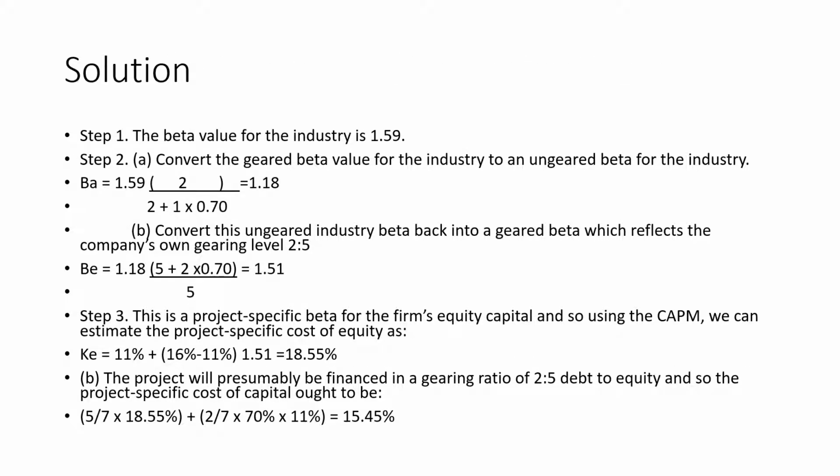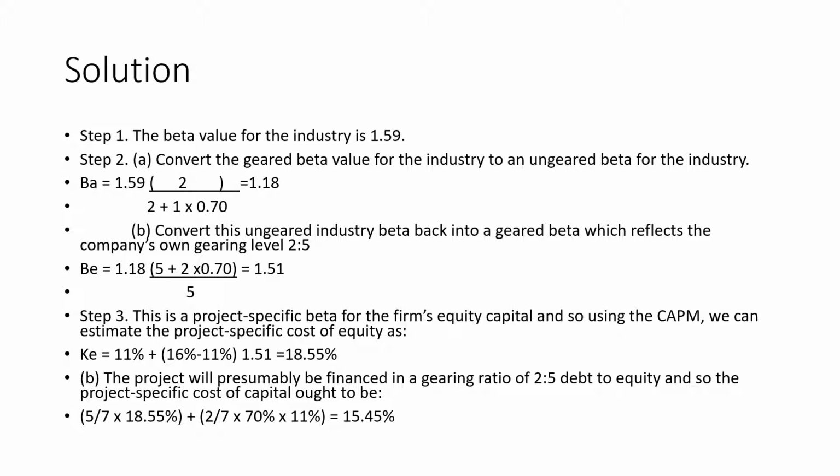Solution. Step 1. The geared beta value for the industry is 1.59. Step 2. Convert the geared beta value for the industry to an ungeared beta for the industry using the ungeared beta formula.